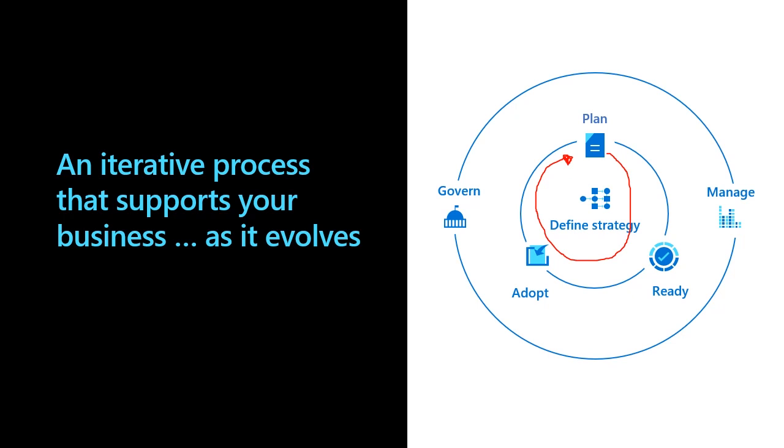And overarching this entire plan, ready, and adopt cycle is govern and manage. You have to continuously govern and manage the way we operate the cloud, the way we adapt our organization to the cloud, and how we adapt the cloud to the organization, which is the vice versa.